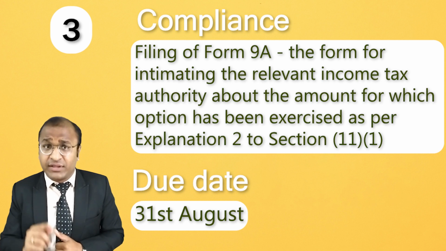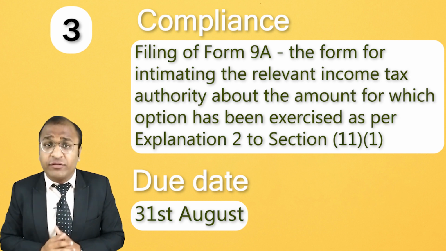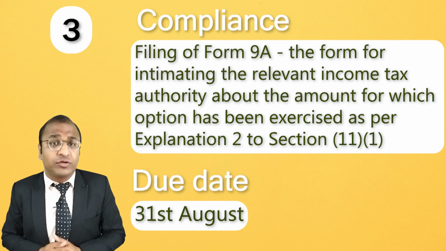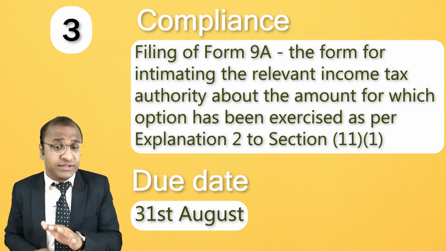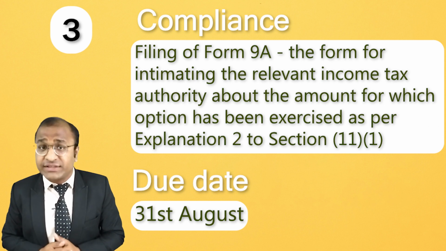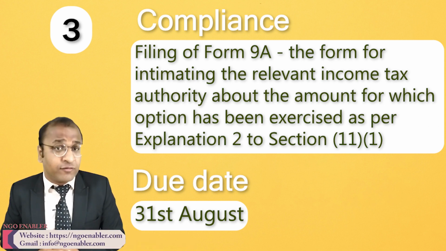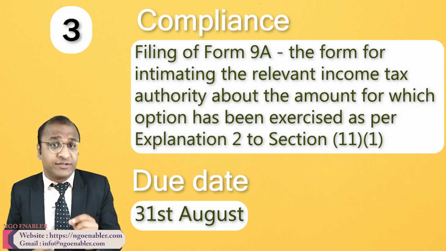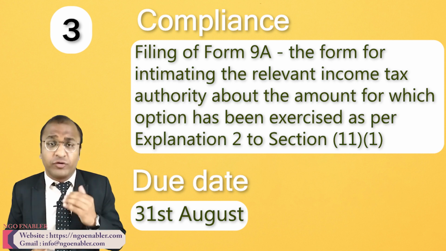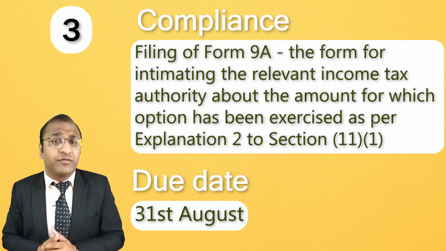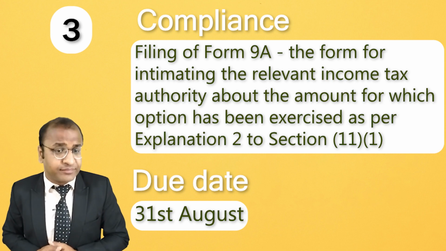I repeat, the due date for filing Form 9A has been preponed by Finance Act 2023 by 2 months to 31st August of the assessment year relevant to the financial year for which the filing has to be done. If you want to know more about Form 9A and how to fill it, check out our video by clicking the I button on the screen.